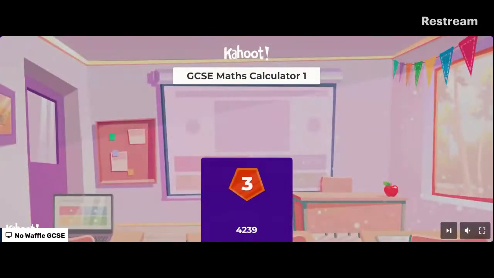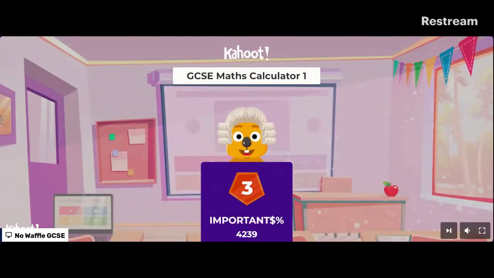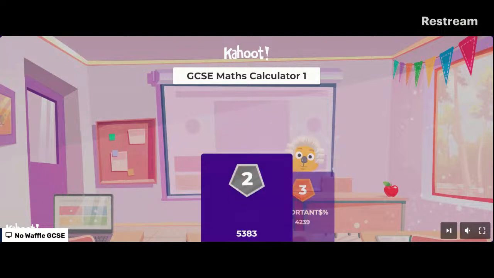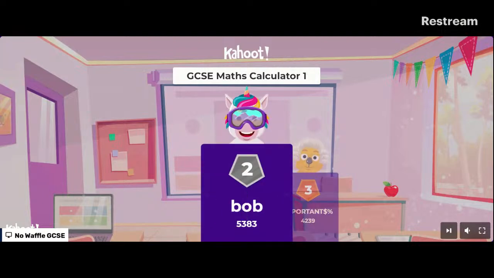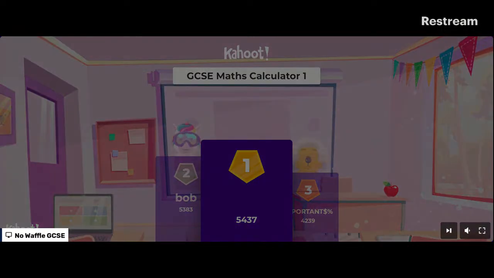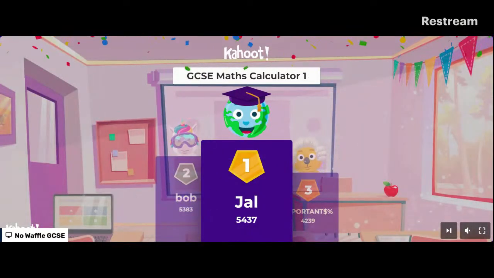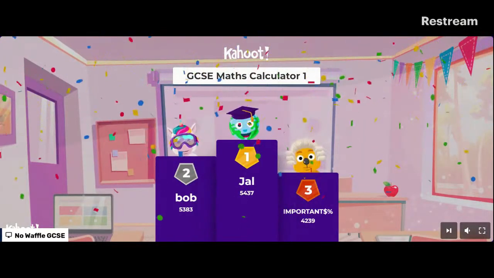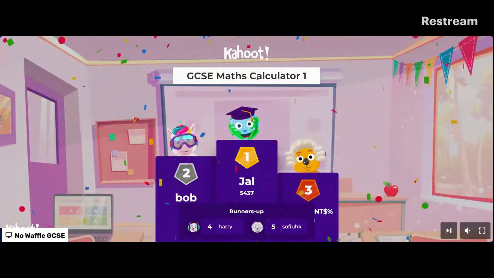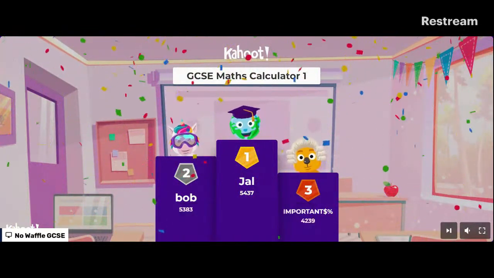So looking at the results for that mini one. Third place, you've got important. Second place, you've got Bob. And first place, you've got Jal. Well done. Runners up, Harry and Sophia.